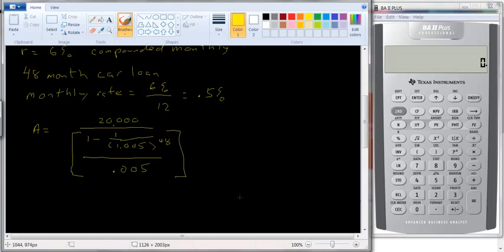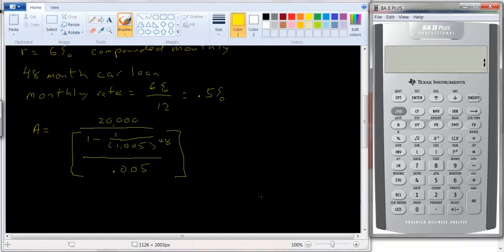And let's do it on the calculator. 1.005, raise that to the 48th power, and we get something. And then we want to flip it over, because this is just 1.005 to the 48th power. So hit the 1 over x key, and so that's what this is.